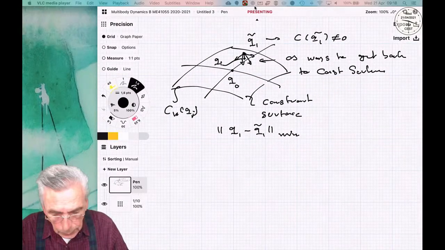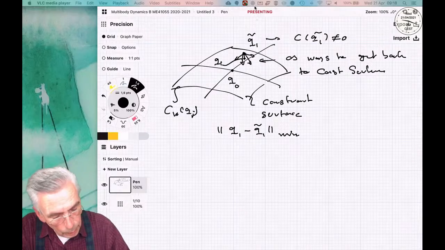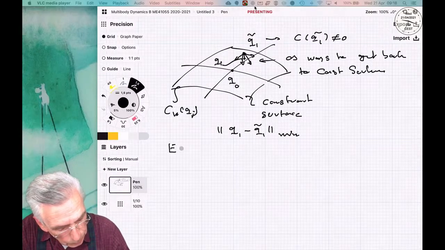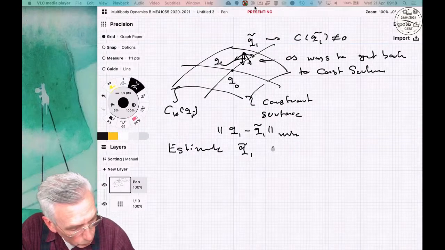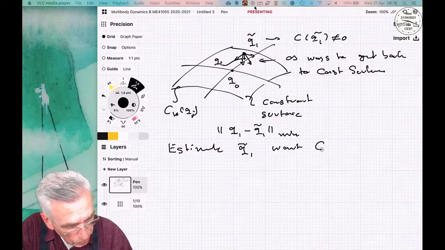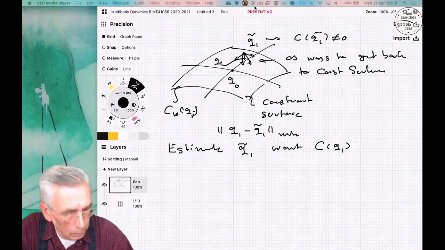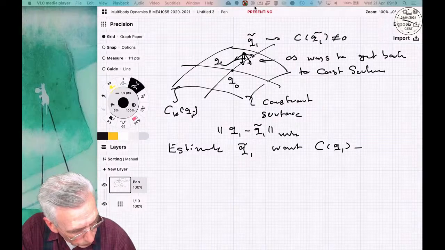Yeah. So it's actually an optimization problem. So we have this estimate, Q tilde 1, and we want, of course, C of Q1, and I dropped the vector thing, for now make it a little bit simpler.